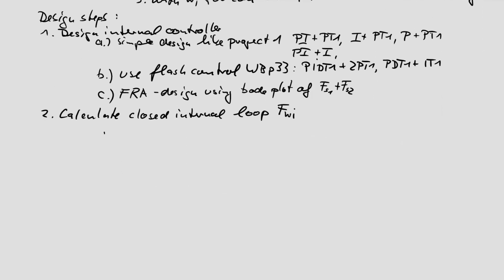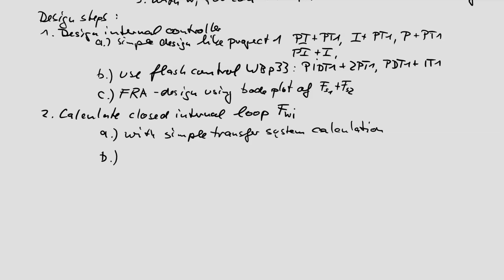In case A, with simple transfer system calculation. We will do an example in the next step, or you have to look into project 1 to look what I mean with this.